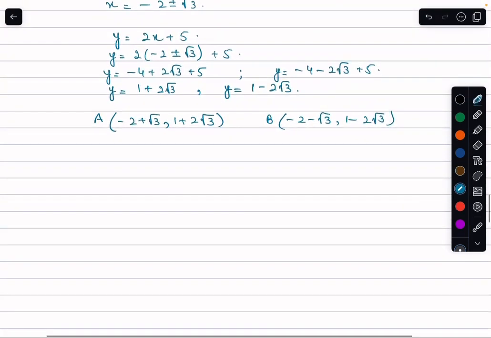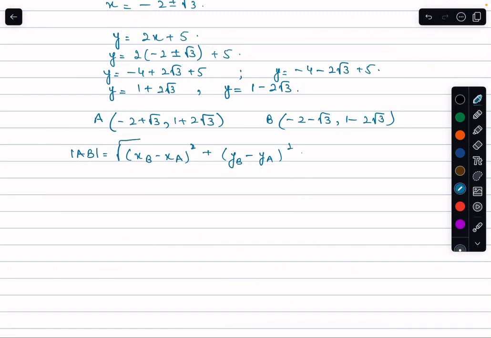Now I need to find the length of AB. By the distance formula, I know that the length of AB shall be equal to the difference between their horizontal or x coordinates, squared, plus the squared difference between the y coordinates, and definitely under root.